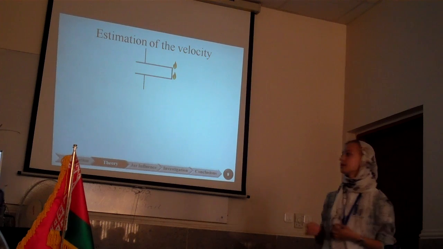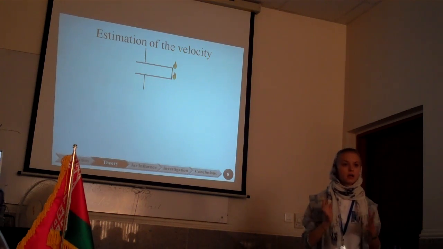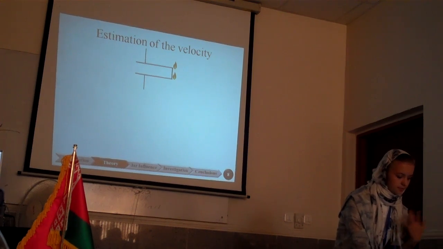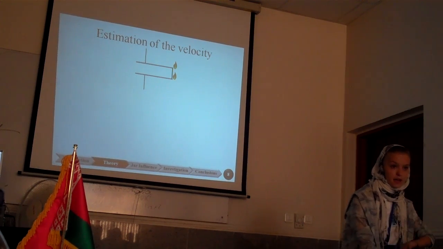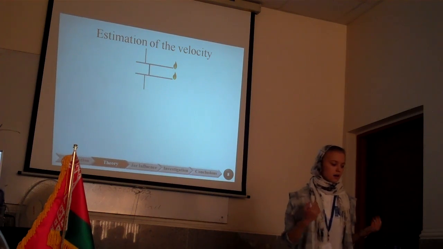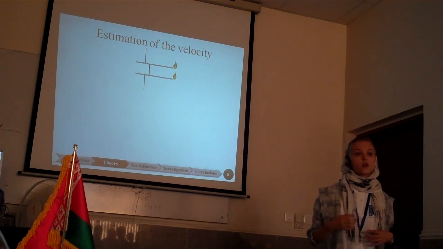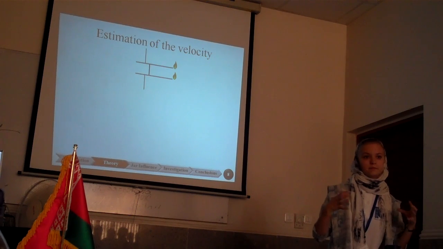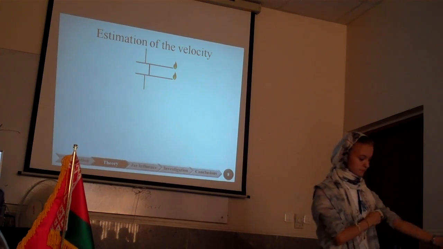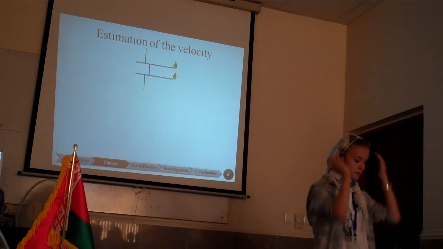Now we considered our smoke stream at first like a piston, and this piston has some edge, and this edge moves with some velocity. It is so because of expansion of our piston.